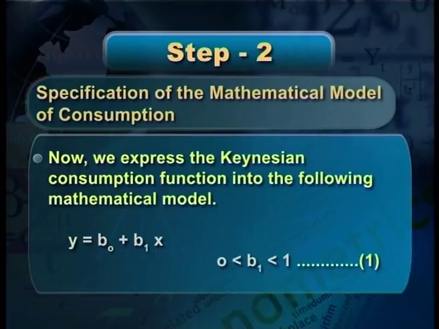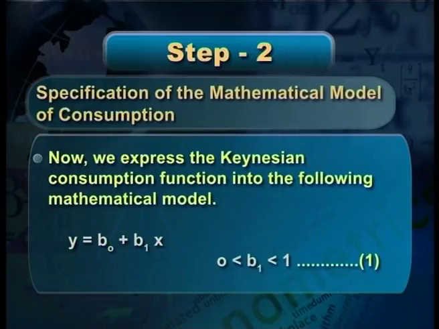As we have seen in step 1, the economic theory can be transformed into a mathematical model, that is Y = b0 + b1 X, where 0 < b1 < 1. This is equation 1.